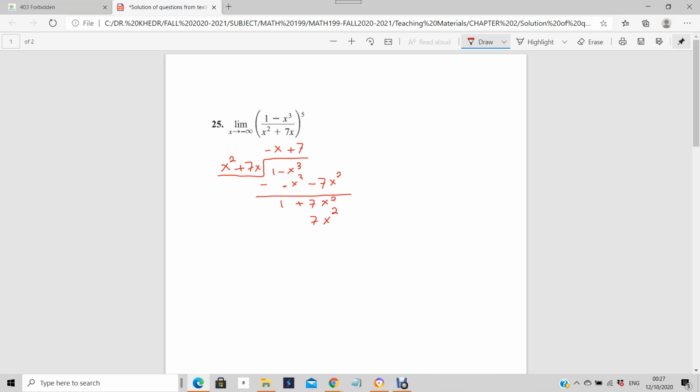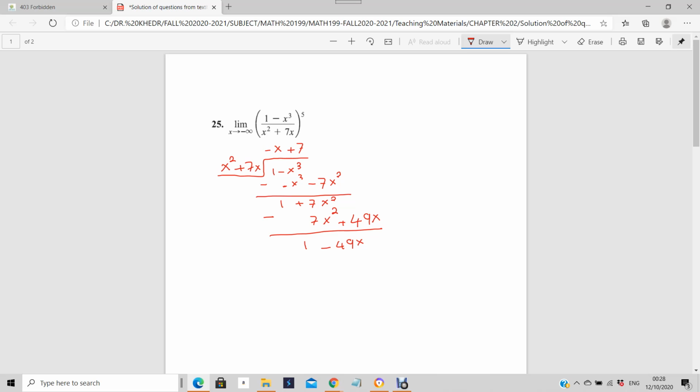And 7 multiplied by 7x is 49x. And then you perform the subtraction. So again, 1 minus 0 is 1. 7x squared minus 7x squared is 0. And here we have 0 minus 49x, which is minus 49x.